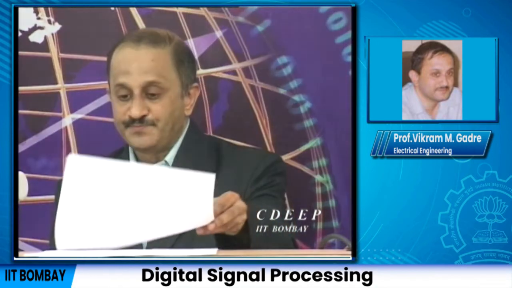Therefore, we will introduce some terminology now. You see, this output yn has been obtained by an operation between the input sequence and the impulse response sequence here, and we will give that operation a name. It is an operation not between two numbers, but between two sequences.